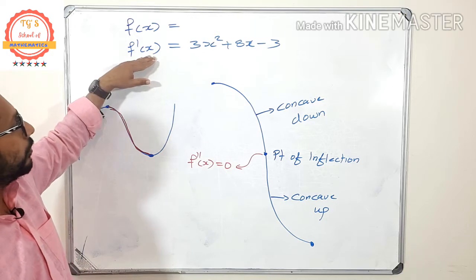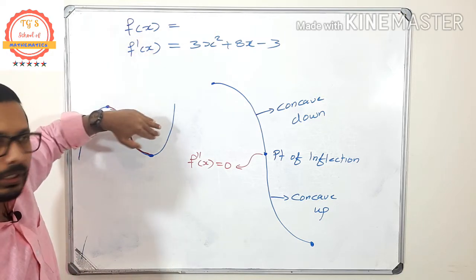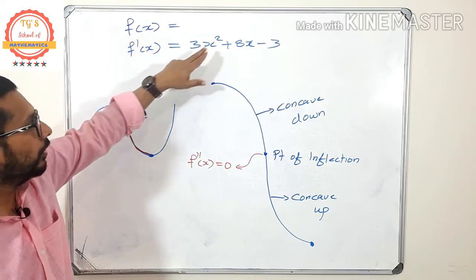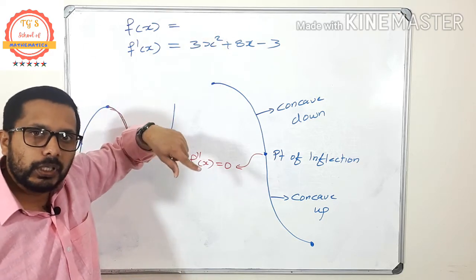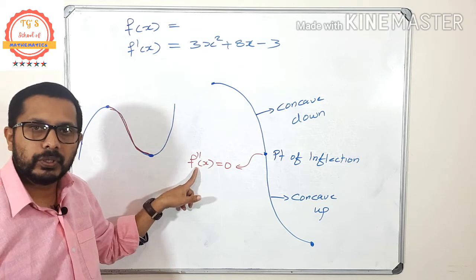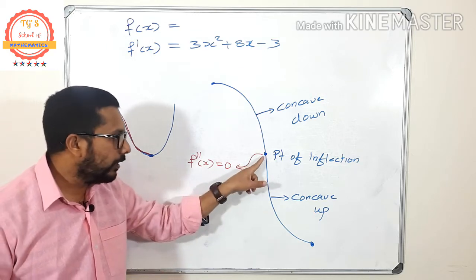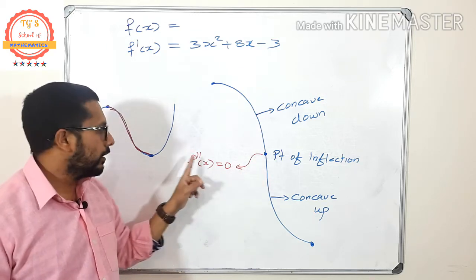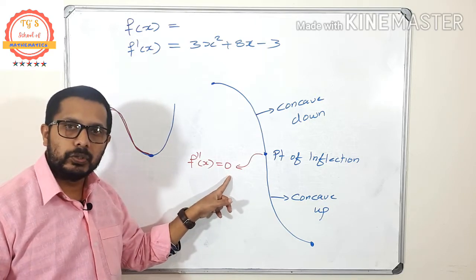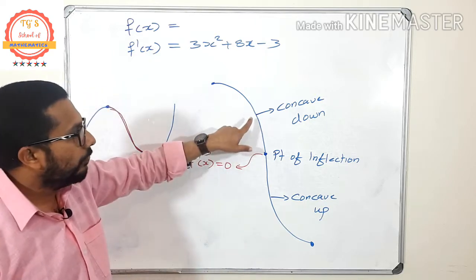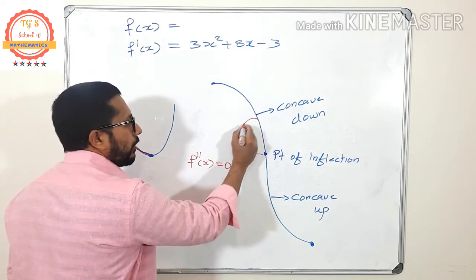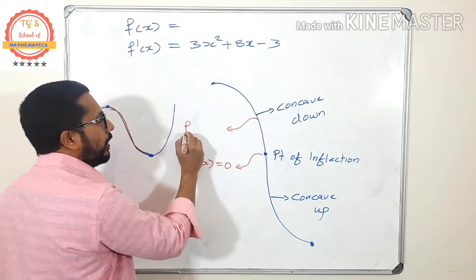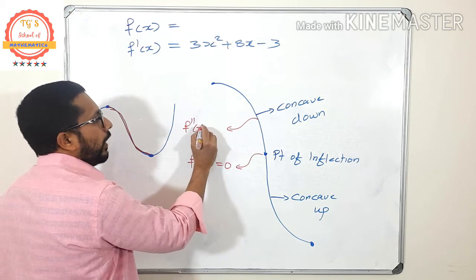If I try to find the derivative once more, that is known as the second derivative. And you have to understand that at the point of inflection, the second derivative is equal to 0. Then when it is concave down, the second derivative is less than 0.